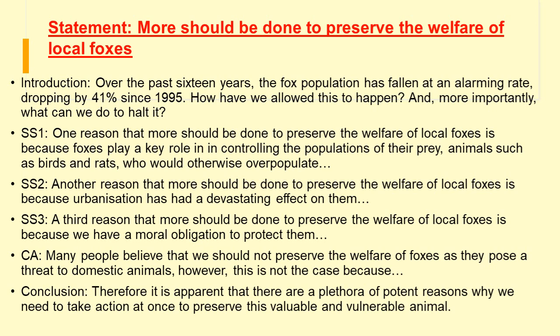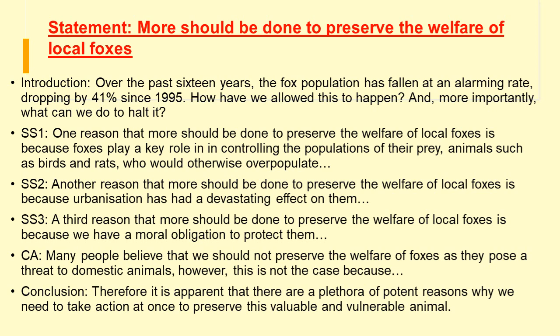There's this horrible article about a fox that got his head stuck in a plastic bag and suffocated. And so this is all linked to urbanisation, building works everywhere, deforestation. So the driver of this paragraph would be an environmental perspective on the decline in the fox population and the need to preserve them.